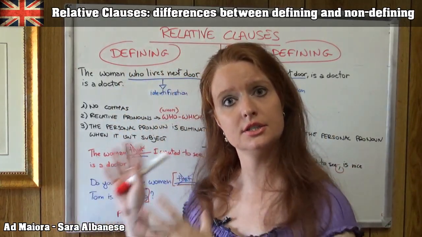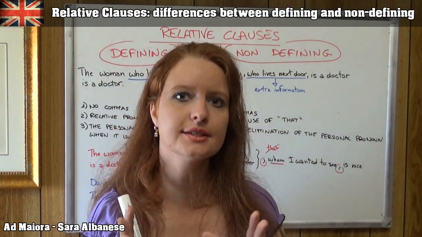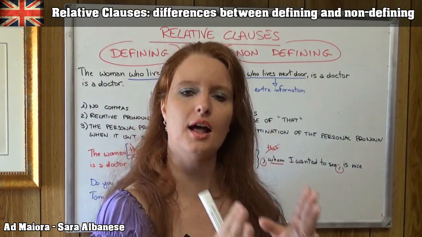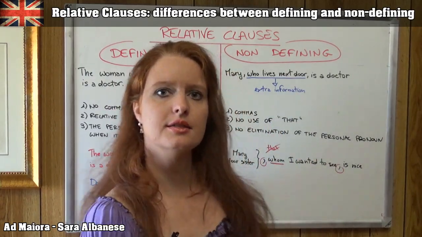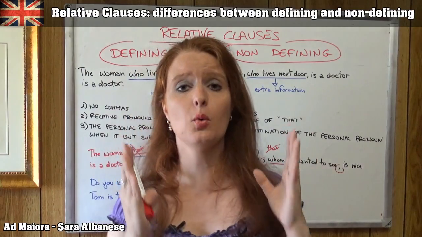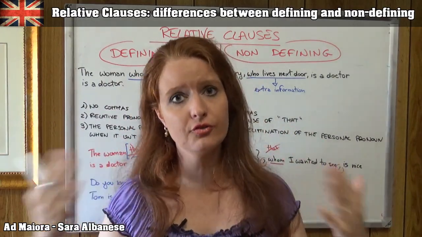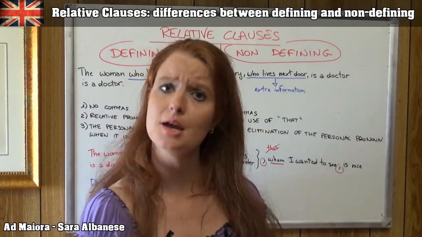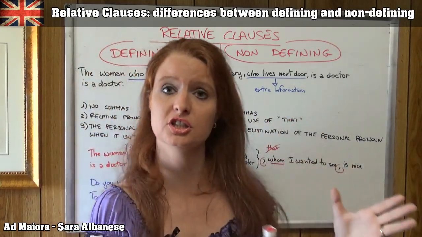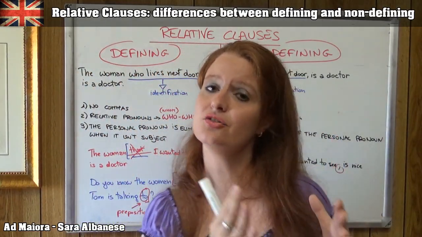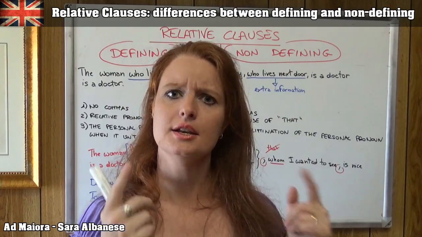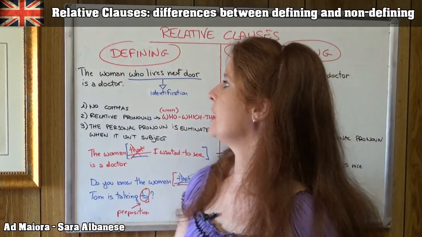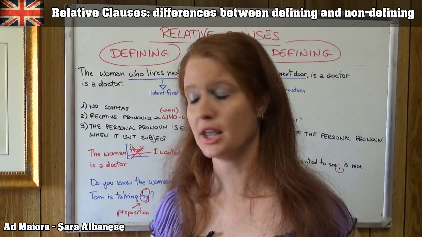Relative clauses are defining when they are necessary to identify the element I'm talking about. They are non-defining when they give us extra information about that element, but they aren't important in order to identify that element. Okay, now I am making a few examples and you'll understand what I mean.